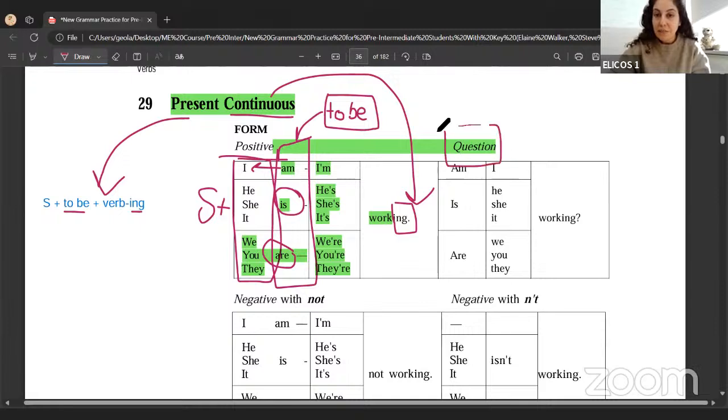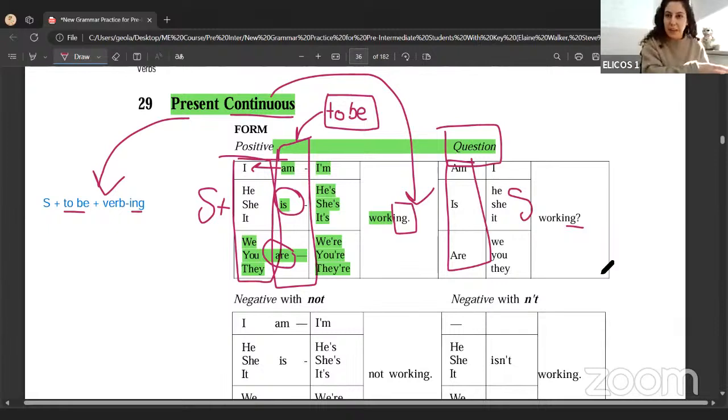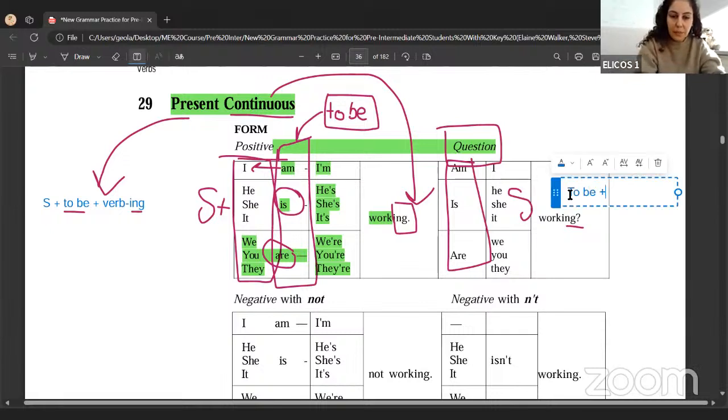Now, to make a question, you start with the verb to be, am, is, are, then the subject, and then the action. So you just switch. Now you put the verb to be first in the question. So to be plus subject plus verb with the ing. So we just changed it. And remember, it's a question mark if we're writing.